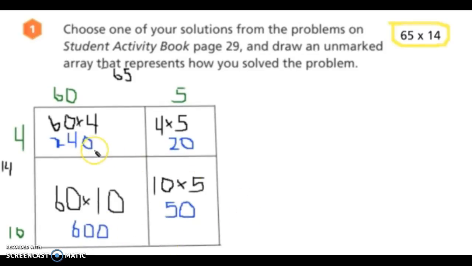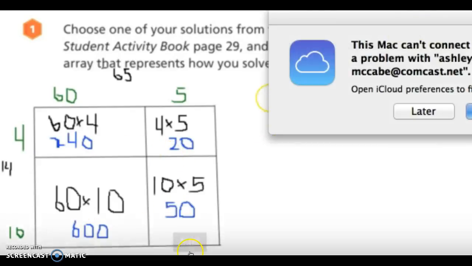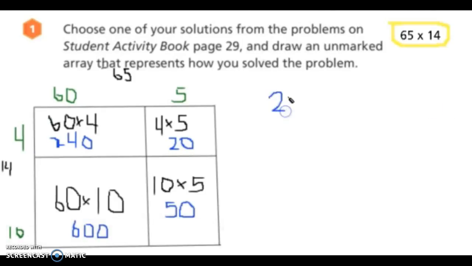And now that we have our answers, our products, we need to add all of our products together. So let's go over to our white space and start setting up addition problems that are easy for us to solve. 240 plus 20 is quick, and most of this might be able to be done in your head, but again, I like to see your thinking.